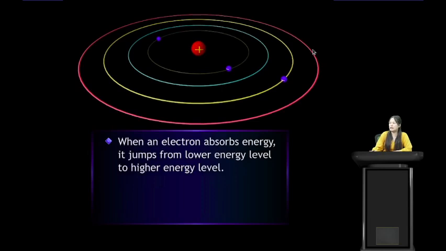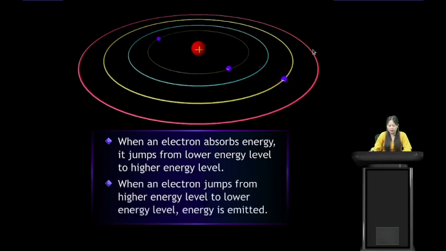When an electron absorbs energy, it jumps from a lower energy level to a higher energy level. This electron was here, but after absorbing energy, it moves to a higher energy level. When an electron jumps from a higher energy level to a lower energy level, energy is emitted.